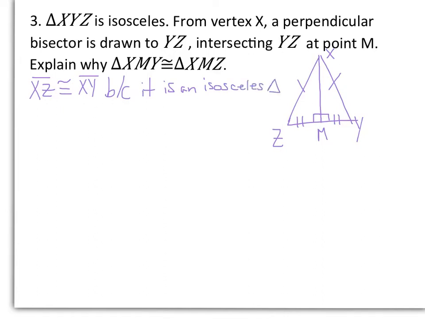Okay, and that's the isosceles triangle theorem that tells us that the two sides are congruent. We also know that ZM is congruent to YM, and that's because XM is a perpendicular bisector.